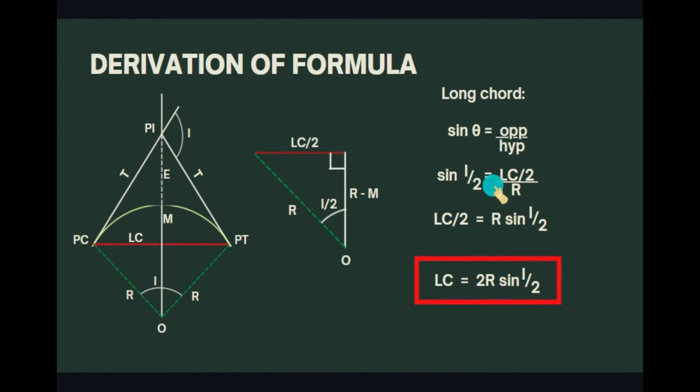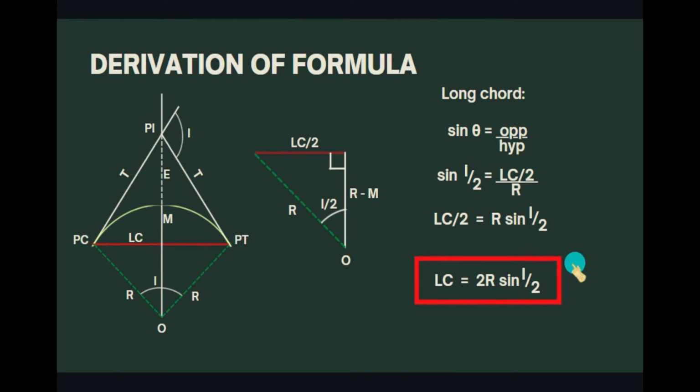So sine I over 2 equal to the opposite, which is LC over 2, since this is the long chord, and the half of it would be LC over 2, and its hypotenuse, which is the radius R. So we can just cross multiply and end up with LC over 2 equal to R sine I over 2.